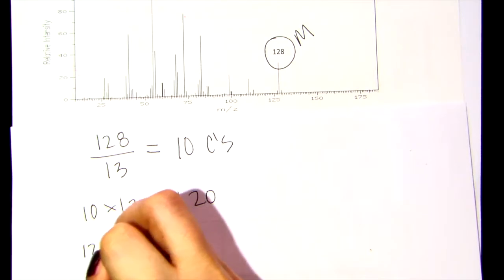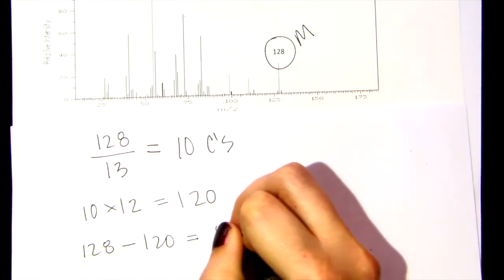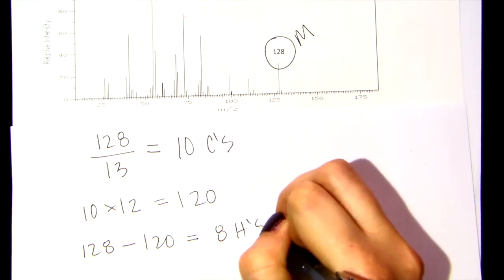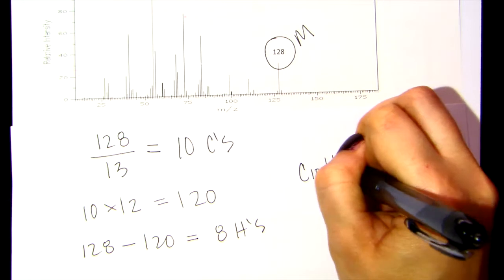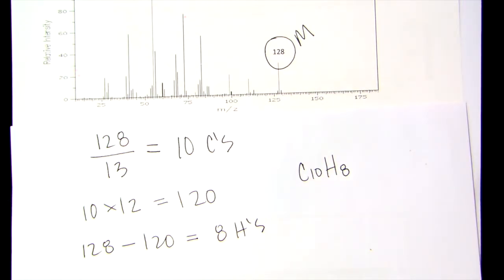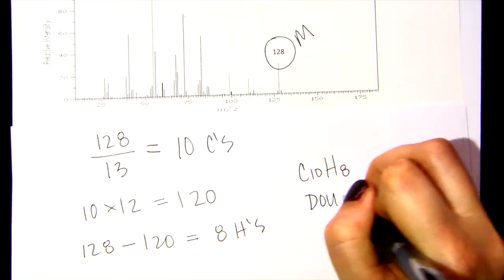And so 128 minus 120 is 8. So we might have 8 hydrogens. And so we get a formula that's C10H8. And we end up with a really high DOU of 7.